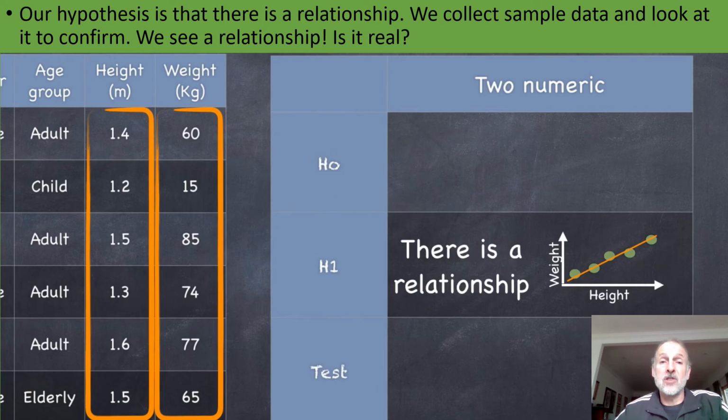Our hypothesis is that there is a relationship. So we collect sample data and look at it to confirm. And we see a relationship. But the question is, because remember that relationship that we see is only in the sample, is this real?